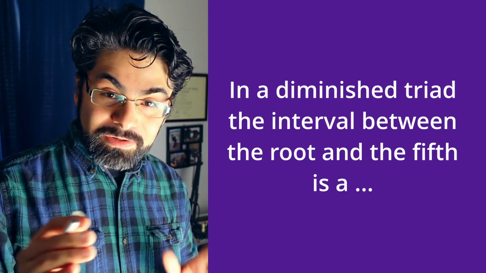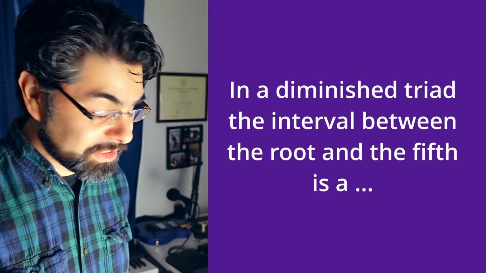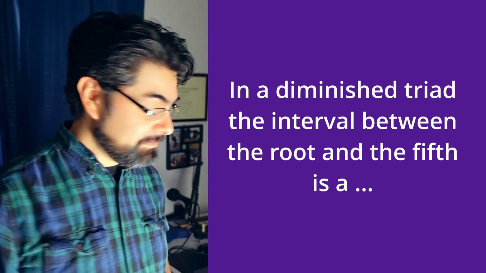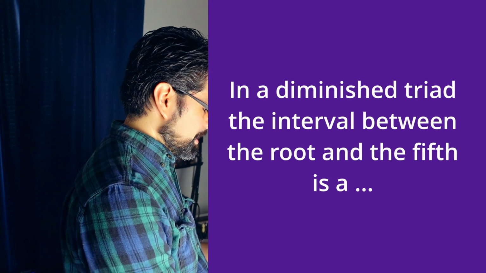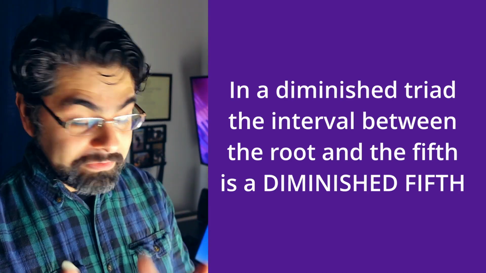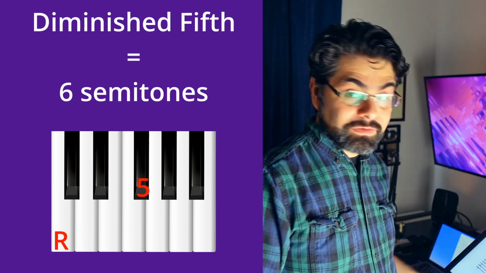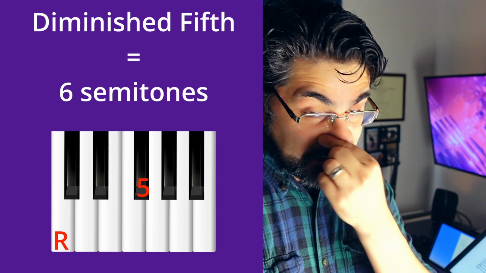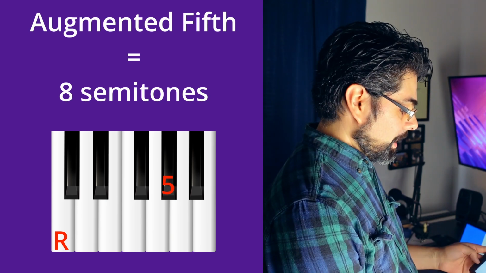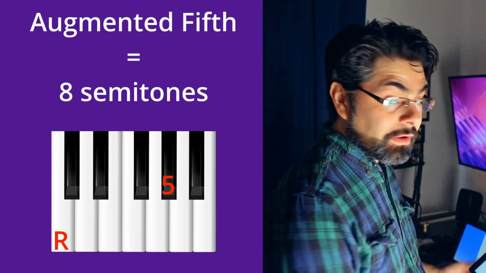So instead of having a perfect fifth on a diminished triad, we have, you might have guessed it already, a diminished fifth. And the diminished fifth is 6 semitones apart. And for the augmented, if you're seeing the pattern, then what we're going to have is an 8 semitones interval, and it is called an augmented fifth.